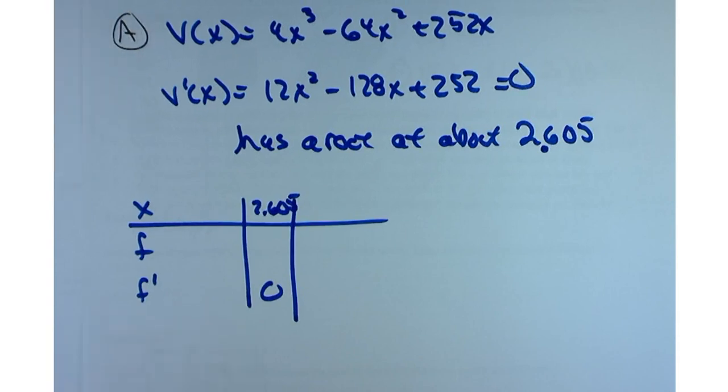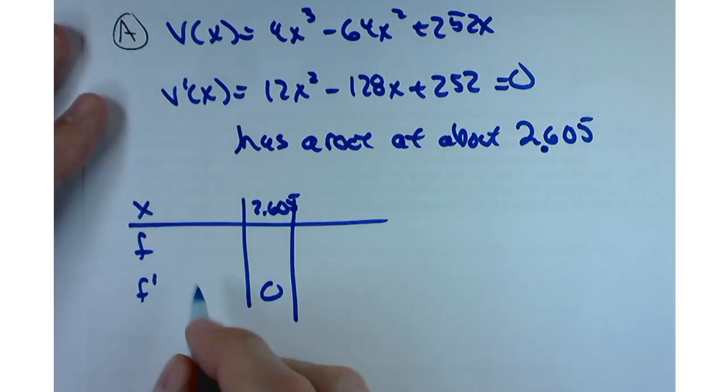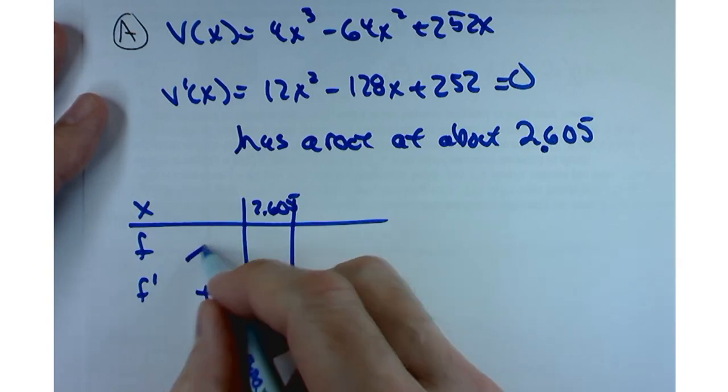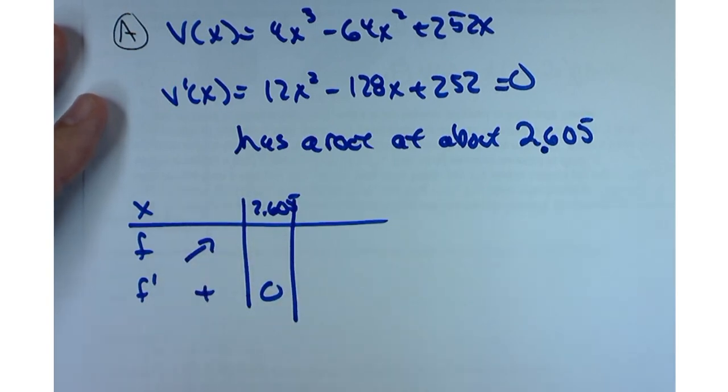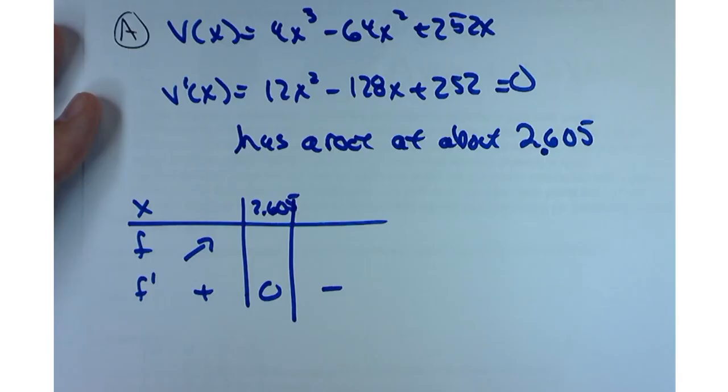But let's take a look at the graph. What's the graph telling me to the left of 2.605? What's the function doing? The slope is positive. Yeah, the graph is above the x-axis, so it's positive, which means, as Ethan was telling us, that the function is increasing. To the right of 2.605, what happens to the graph? It's negative, so it's decreasing.